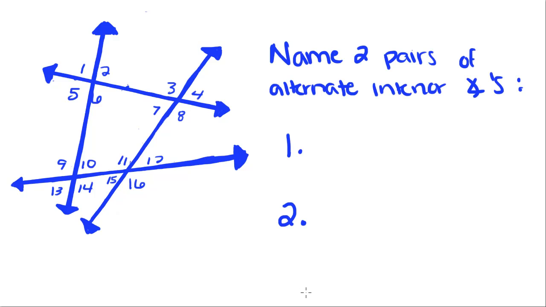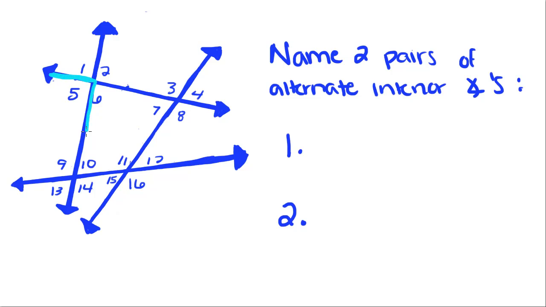So we have these lines, and we're going to name two pairs of alternate interior angles. So these are the ones that make the Z. We're going to just do any two you want. So first we're going to start with this line right here.